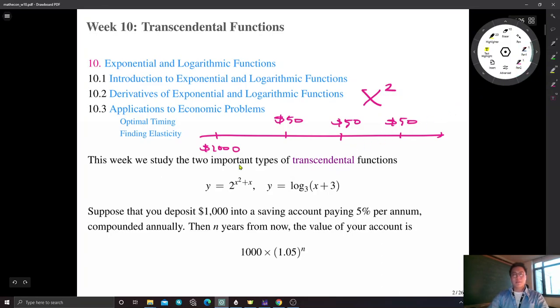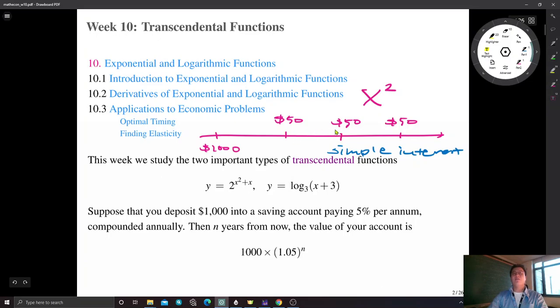But this describes the case of simple interest. Okay. And if the interest is compounded annually, then the first year is the same. At the end of the first year, you're going to get 50.